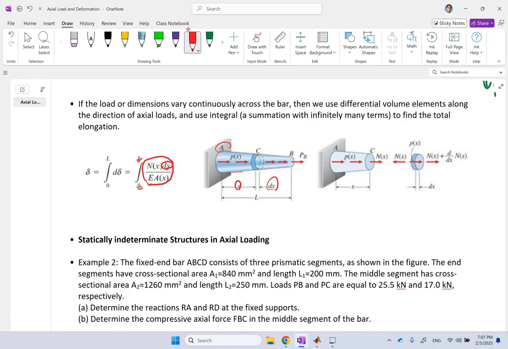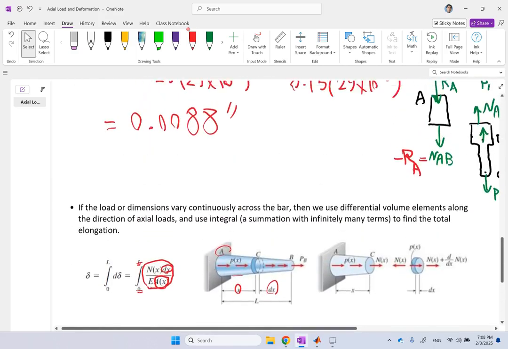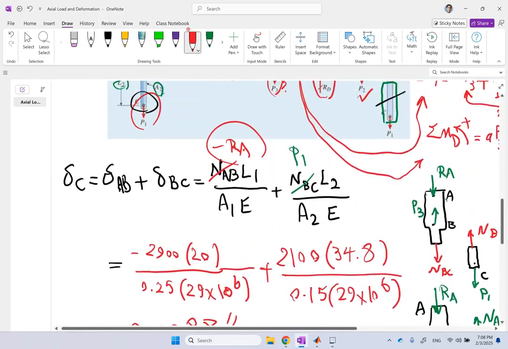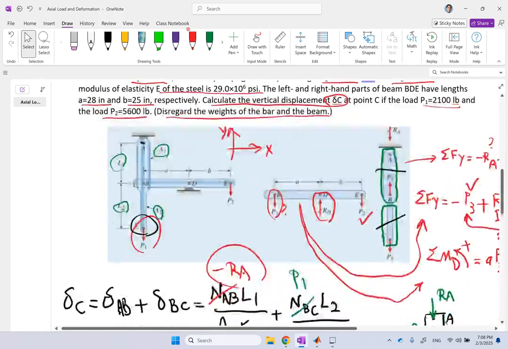If E is also a function of x, then you put E of x in the denominator. But most of the time, the one that is really variable is this A, and you have to integrate this. So just pay attention that not every time the summation is working. If it's a gradual change, summation will be converted to integration because you have infinitely many of these terms.